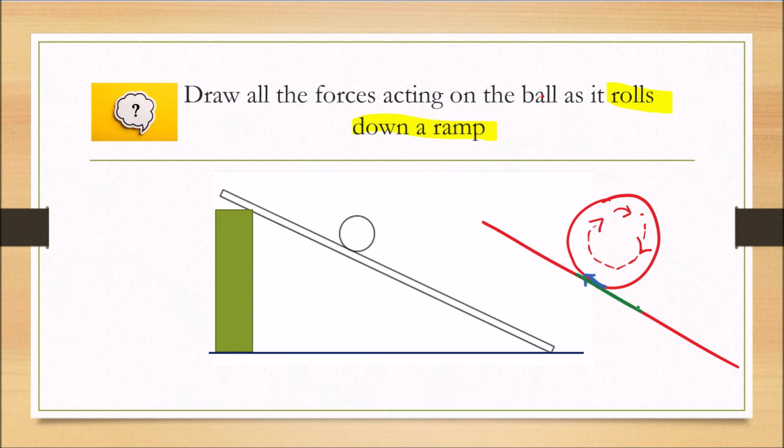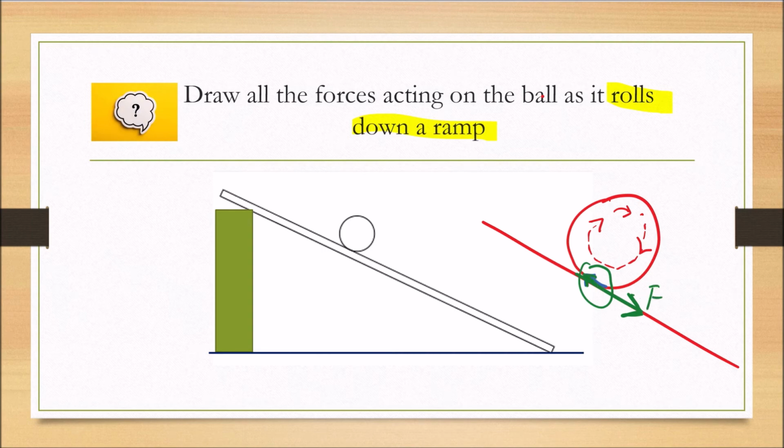Now this is not an exception, because just now I said that friction is opposite to the motion. So the motion will refer to this part of the motion, not just looking at the ball on its own. So in order for the ball to go down, it will have to roll in an anti-clockwise manner, which then means that this part here of the ball is rolling this way, and so friction is here.